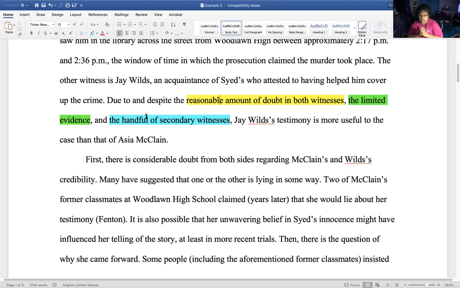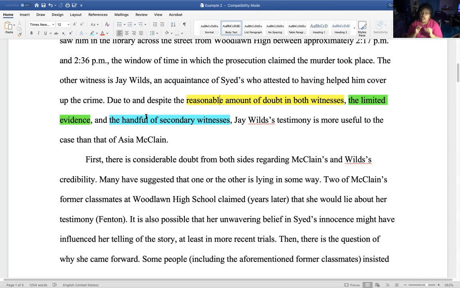Jane Doe is talking about the reasonable amount of doubt first, the limited evidence second, and the handful of secondary witnesses third. So what you should see, if this is structured correctly, is all the yellow together, all the green together, all the blue together in that order. If she's done it correctly, spoiler alert, she has. That's what you should see.